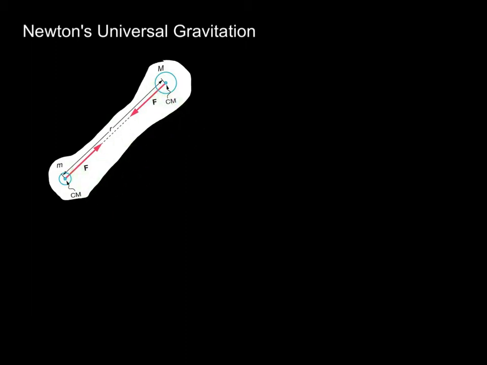Okay. So what Newton's law really does that makes it so important is it actually allows us to calculate the gravitational force between these objects. And his universal law of gravitation looks like this, where we have Fg equals G, lowercase m, capital M for our two different objects, over r squared, so the distance between them.